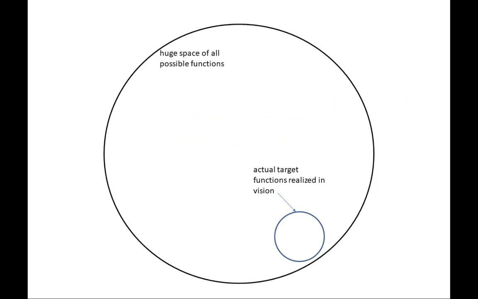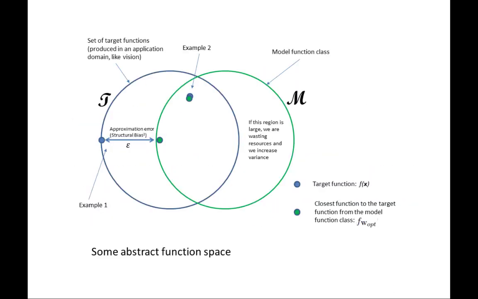The space of all possible functions is enormous, and in particular for a special application domain, the functions, so the classifiers or the regression models, come from a very small part of that space. And it's important that our model class fits the target class quite well to have a chance to learn the function and to be also efficient at learning this function.